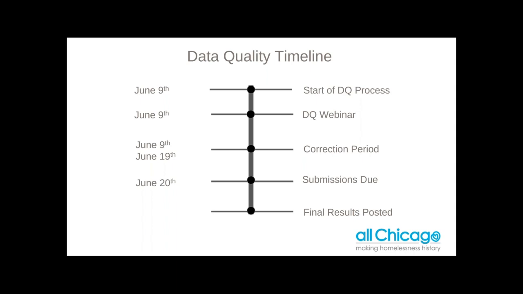Again, June 19th is going to be the last day to make corrections, so you're able to pull the reports on June 20th, with June 20th being that submission due date. The final results will be posted typically the following week, but within the 2 weeks following data quality, it should be available. But again, we'll send out an email once that becomes available so everyone's aware.